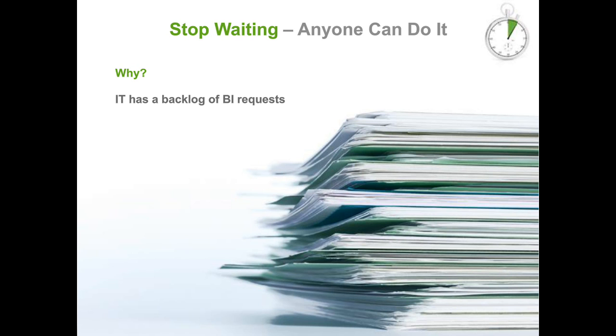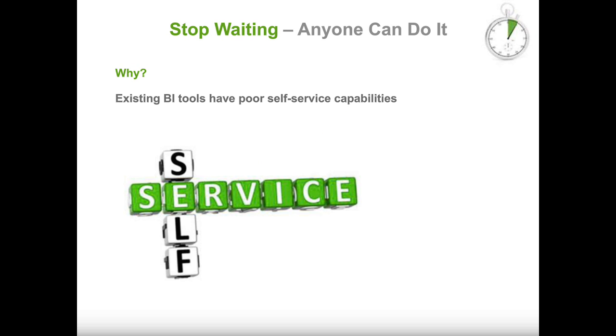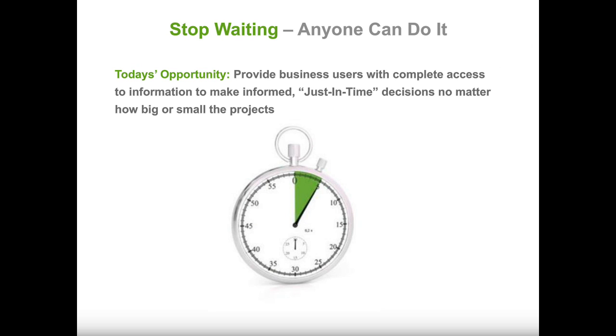They have a backlog of requests, and they're busy trying to fulfill those requests and help people move their business forward. And also, existing self-service tools often have very poor self-service capabilities. So users can't do it themselves, and they're forced to rely on others to help them. So our opportunity is to provide users with a tool that they can use themselves and get them out of the waiting game with IT, waiting for them to give them the data they need to make those important decisions.